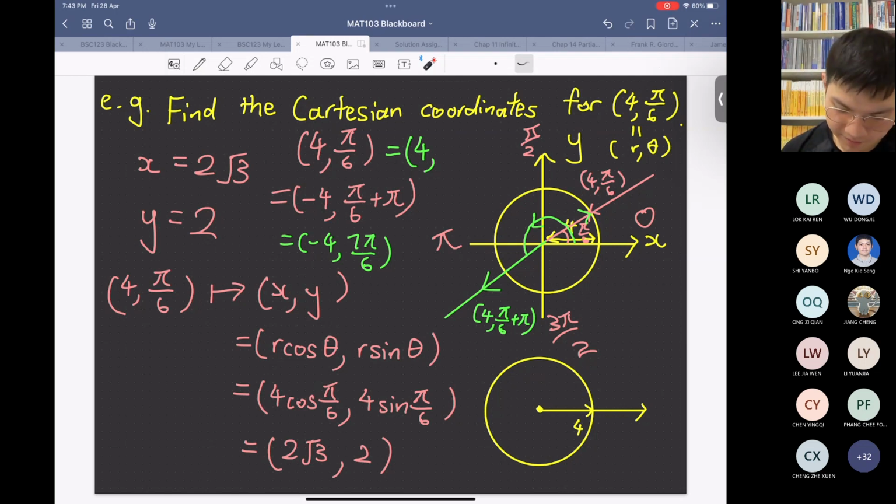Any idea? It's still positive, but I want to go clockwise instead of anti-clockwise. If I go anti-clockwise, I need to get this angle, right?